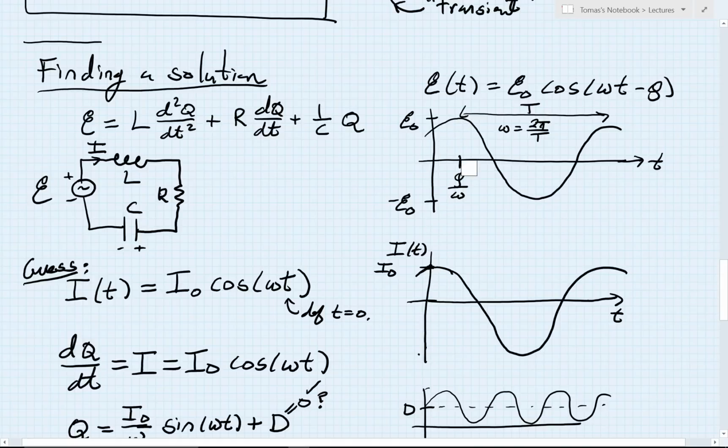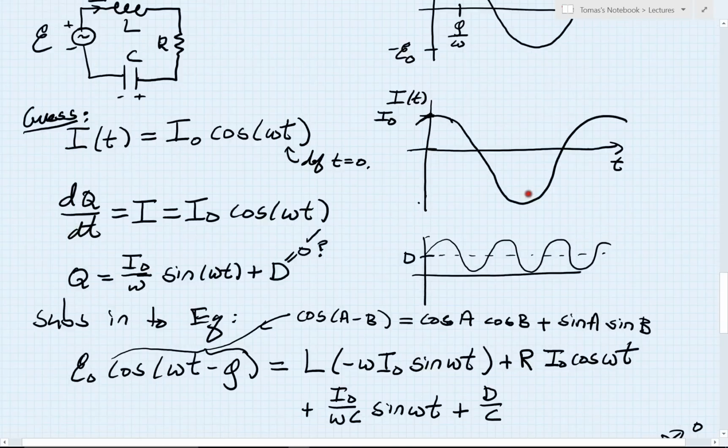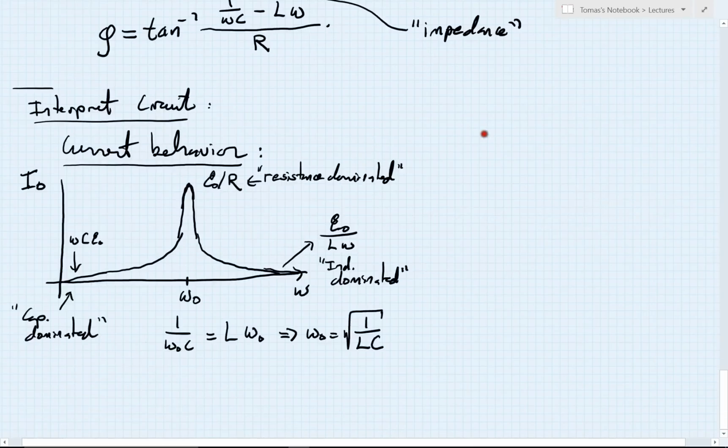So phi is actually telling us the amount of this phase advance of the current. So I can make a plot of that as well. This would be the phase advance of I versus the EMF.